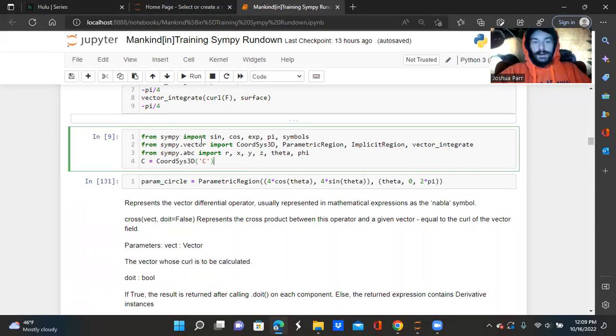I'm importing Sympy, the symbols, and I'm importing the vector. And from the vector, we're importing coordinate system, parametric region, implicit region, and the vector integrate.